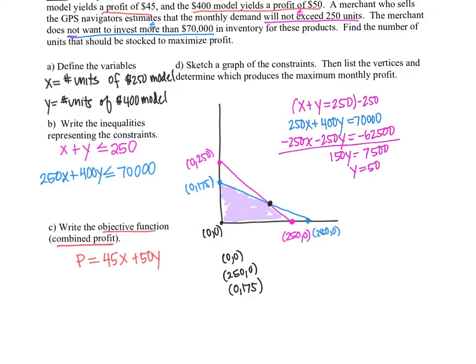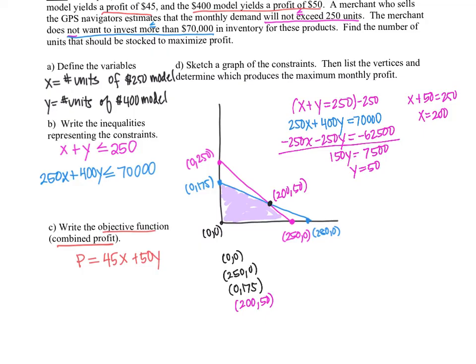Okay, y equals 50, so x plus y equals 250. So this point must be 200, 50, which seems reasonable, even though it's only a sketch. And you're going to show your work, showing where you got that intersection point just like I did.